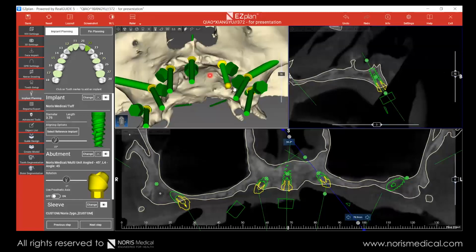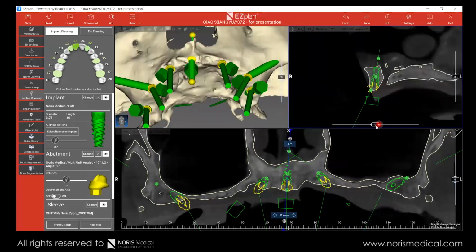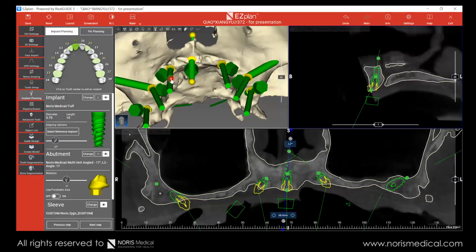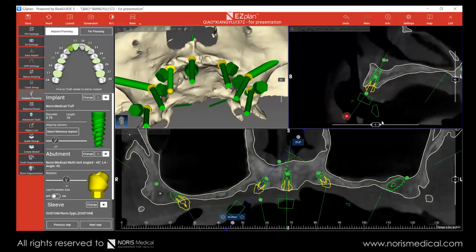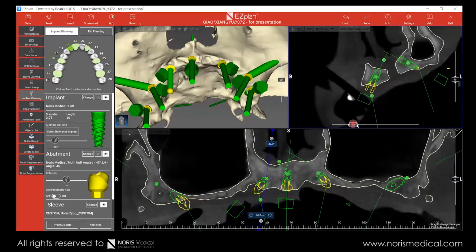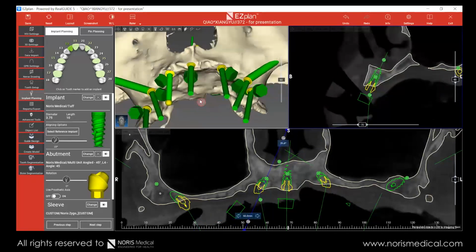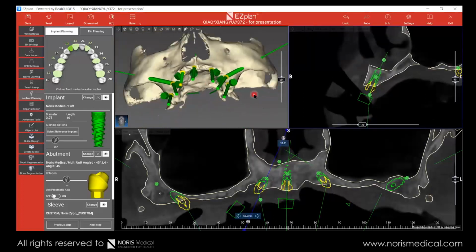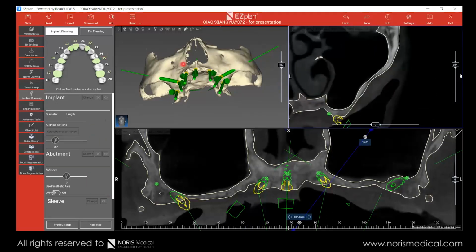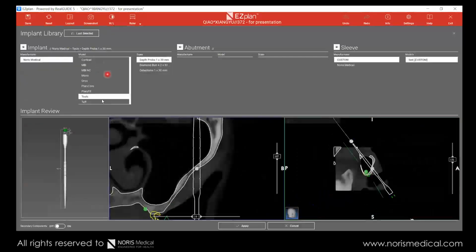This is an implant mesial to the incisive canal. Okay. So it was decided in this case to use those implants right now and leaving space for future zygomatic implants. Okay, so if we do that, actually, let's put a zygomatic implant here. I'll just put an implant.